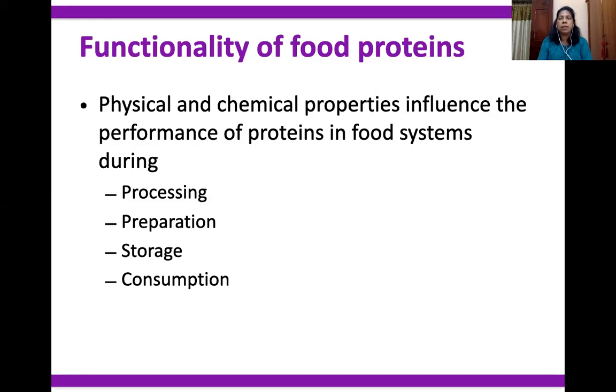If the protein is not changing, if the protein molecule stays as it is, with no hydrogen bond formation, no sulfur links, no folding, then what will happen? Can you come out with a different food matrix? You can't. Therefore, physical and chemical properties influence the performance of proteins in food systems during processing, preparation, storage, consumption, and handling.